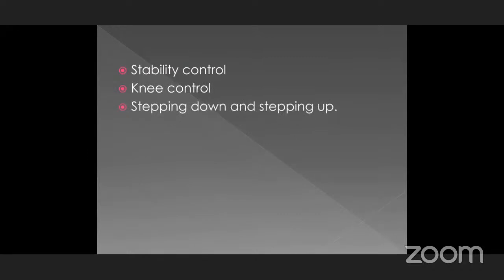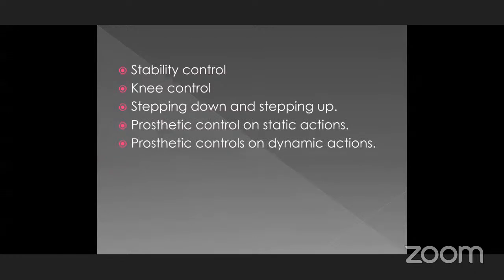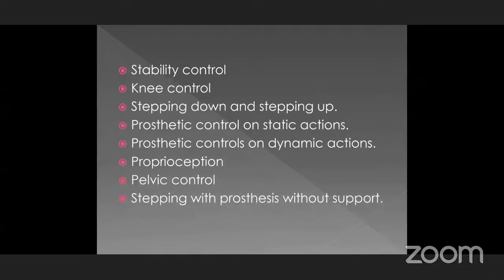Okay, we will see the prosthetic trainings. First, we teach them stability control, then knee control, then stepping down and stepping up control, then prosthetic control in static and dynamic actions. These activities are done under supervision with support and with the prosthetic fitted, and then proprioception, pelvic control, and stepping with the prosthesis without support.